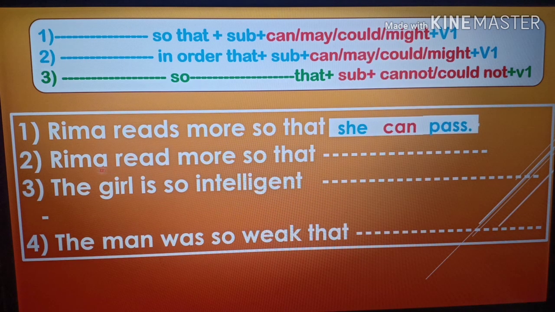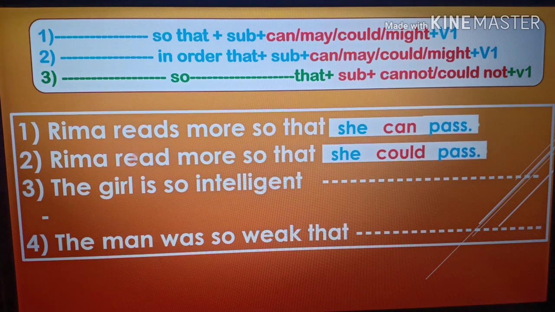The second one, Rima read more so that. This is in past indefinite. So we have to use subject plus could and then the verb according to the structure of the first one. And then the third one, the girl is so intelligent, according to the rule of the third one, so ... that.